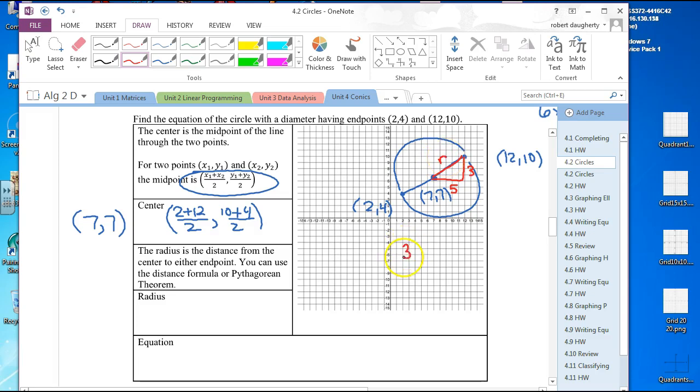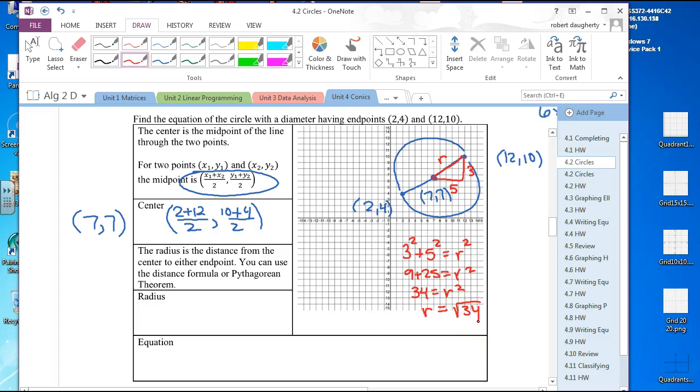So I just go figure out what is this value right here. I know that 3 squared plus 5 squared equals r squared. So 9 plus 25 equals r squared. And so that just gives me 34 equals r squared. So r is equal to the square root of 34.